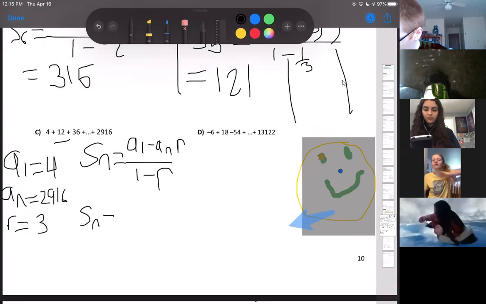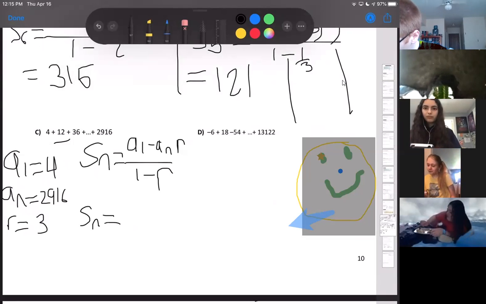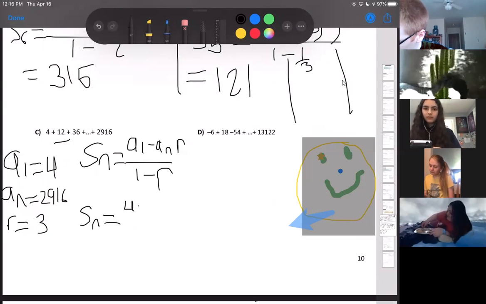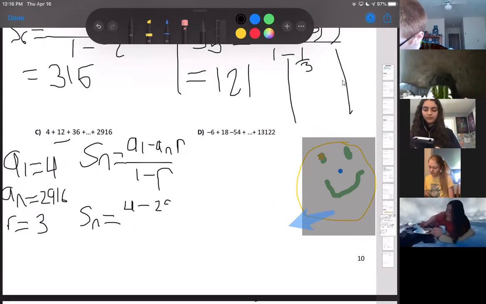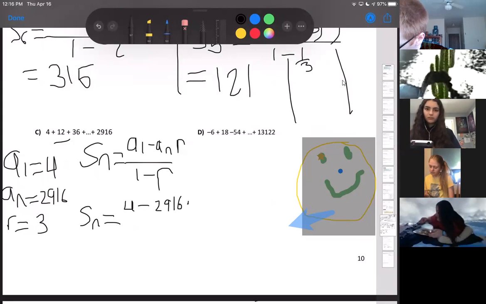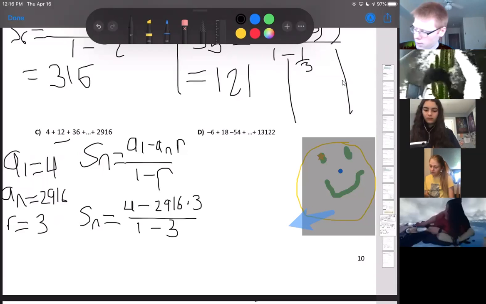We don't really know how many numbers we have, but it's no big deal. We just want to find the sum anyways. We're not interested in finding the n. So we have 4 minus 2,916 times our r, which is 3, all over 1 minus 3.